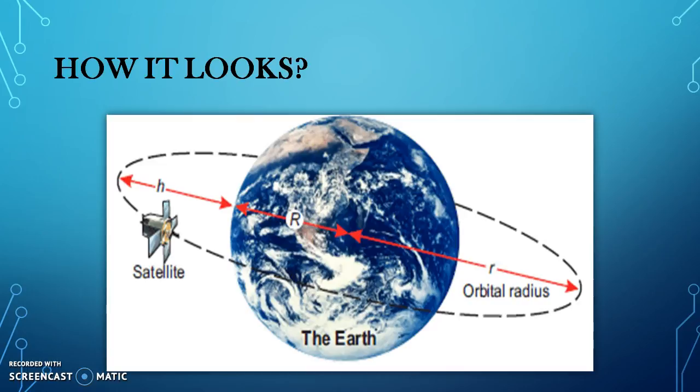The radius of the earth is denoted as capital R. From the outer surface of the earth to the orbit is denoted as H. These are some parameters we need to know. The distance between the center of the earth and the orbit is a very important parameter in order to place the satellite in the orbit.